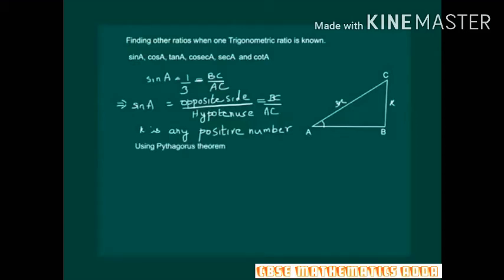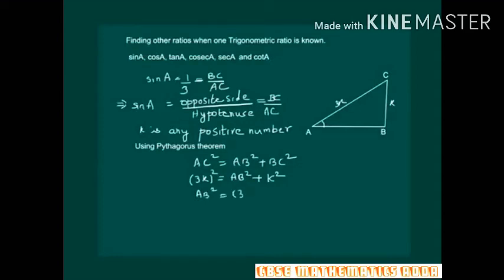Using Pythagoras theorem, that is AC square equal to AB square plus BC square, that is H square equal to B square plus P square. So with AC equal to 3k, 3k whole square equal to AB square plus k square.